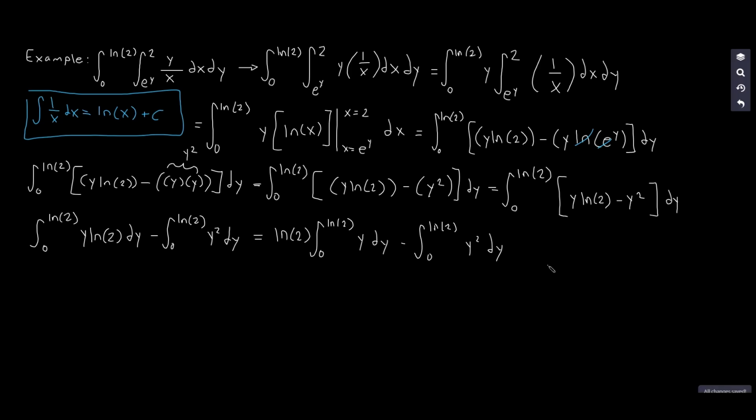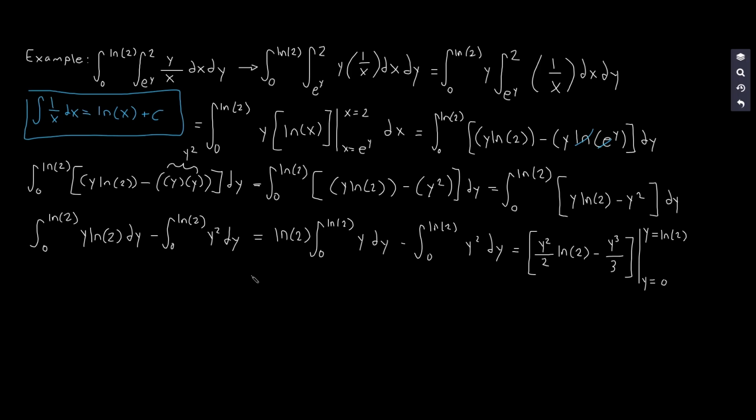Then we can get to evaluating this because it'll be easier to see, hopefully, that this is going to be y squared over 2 times the natural logarithm of 2 minus y cubed over 3 evaluated at y equals 0 for the lower limit, and for the upper limit, y equals the natural logarithm of 2.